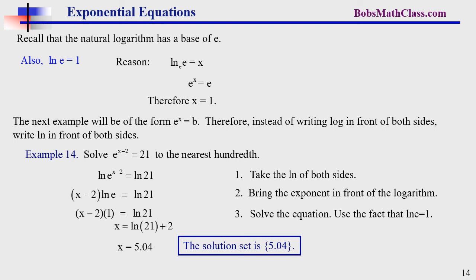It's 5.0445222438, but we're rounding to the nearest hundredth. So since it's 5.044, that 4 doesn't add it to a 5, it keeps it at a 4.